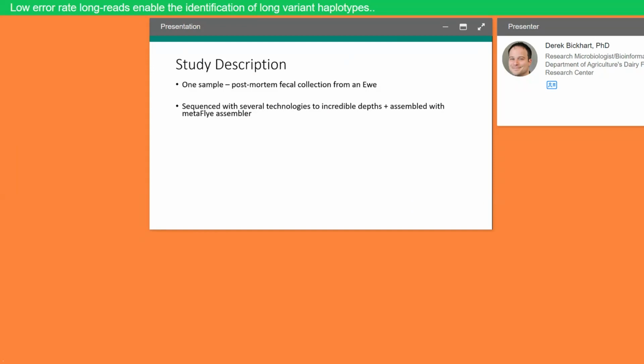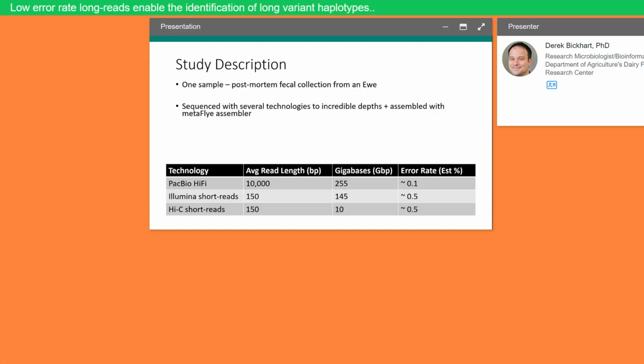So I'd like to shift focus now and talk about our proof of principle study. And in this study, we wanted to do a full-length characterization of a single sample taken post-mortem from a sheep. And we sequenced it with several different DNA sequencing technologies to incredible depths, and then assembled it using the Metafly assembler.